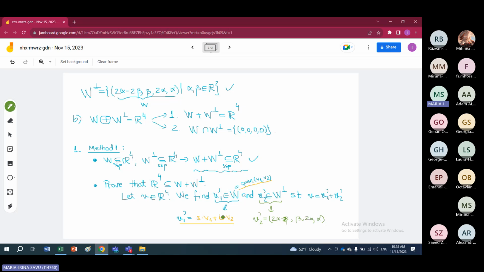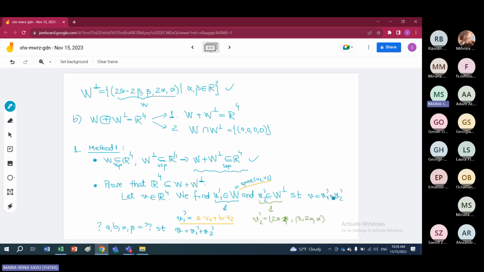And now the idea is to find alpha and beta, so you need to find them such that V is V1 prime plus V2 prime.